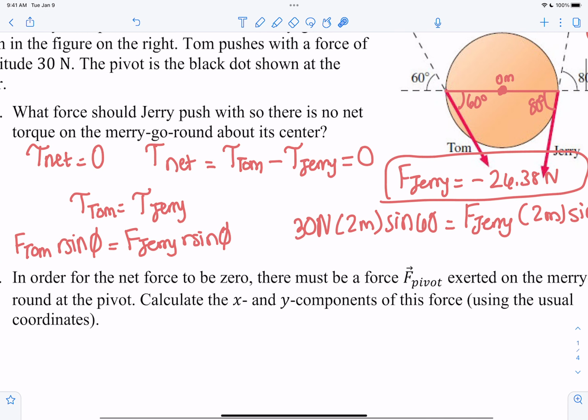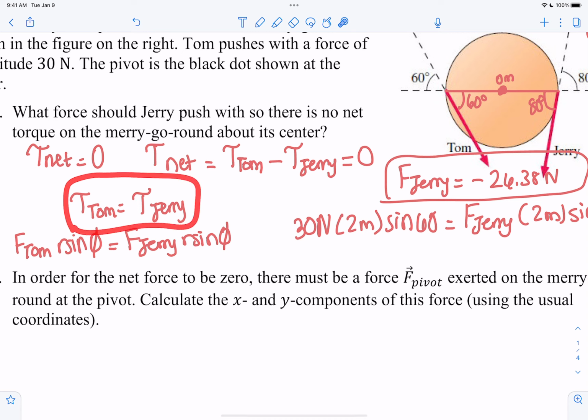Because when I'm solving here, I do T Tom minus T Jerry is equal to 0. I integrated the direction right here from the beginning. So when I set them equal to each other and I find out what F Jerry is, I get a positive force. That's just the magnitude. When I integrate my direction in the equation, I can put in magnitudes for all my values.